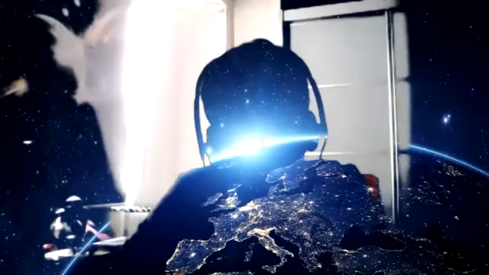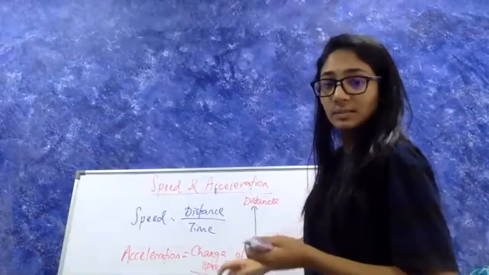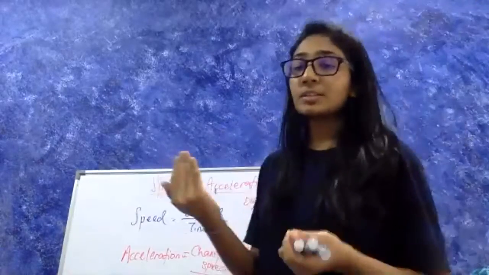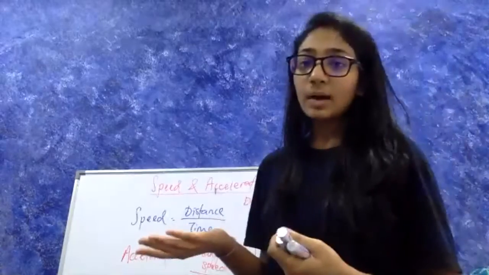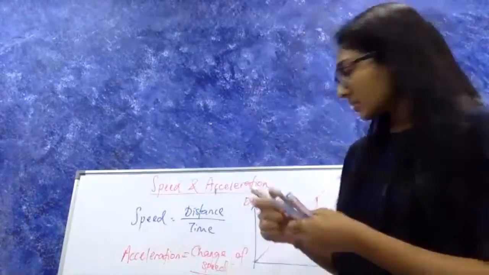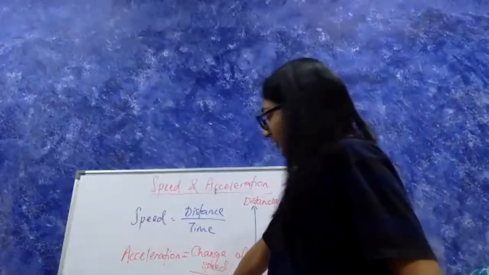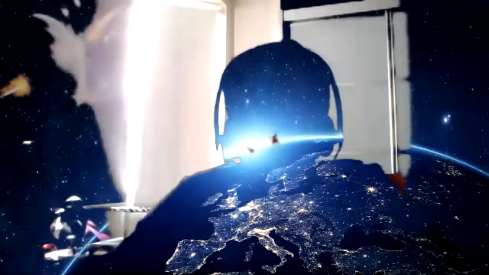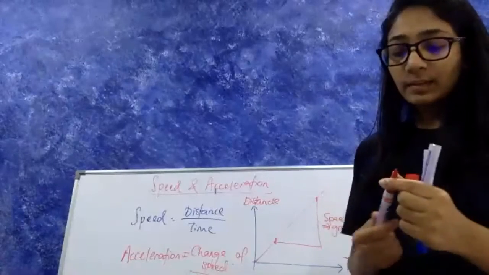So my change in my speed, in this case, change means when I take my final minus my initial. Let's say I go from 60 kilometers an hour to 180 kilometers per hour. So what is my change? My change is 180 minus 60, 120. So I take my final minus my initial.